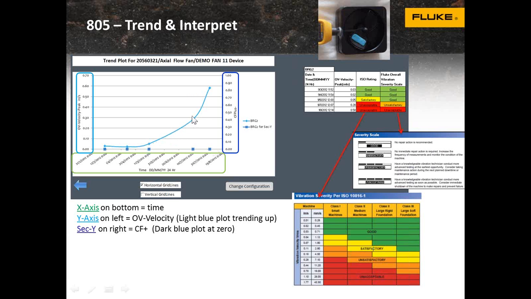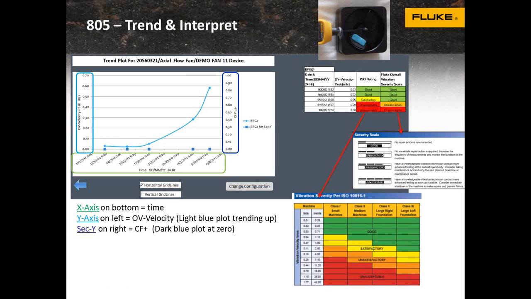So if we follow the overall vibration ramping up, if you look over to the right, there's two different scales. One is the ISO rating that goes from good to satisfactory to unacceptable. And you'll see the ISO table down at the bottom. The ISO 10816-1 is a general industry-wide ISO standard, and it's for all types of rotating machinery.